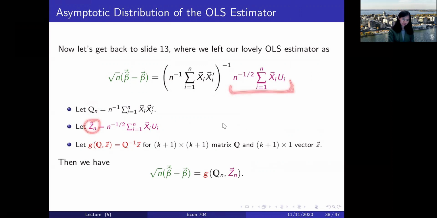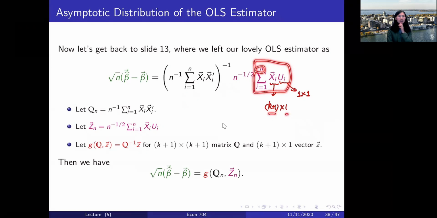So this is a random vector. For those of you who are still confused about why this is a random vector, that's because x is a k plus 1 by 1 random vector, and u, the error term ui, is 1 by 1, a scalar. So the product of the two is a k plus 1 by 1 random vector. That's for each i. Now if you add up n k plus 1 by 1 random vectors, you get a random vector that equals the sum of those random vectors.